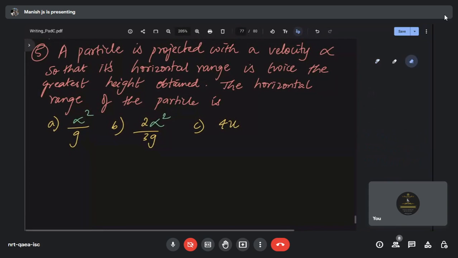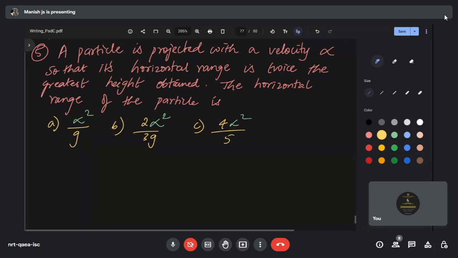Option C, 4 alpha square by 5g. Option D, 8 alpha square by 3g. What is the answer? Option A, sir. Alpha square by g.